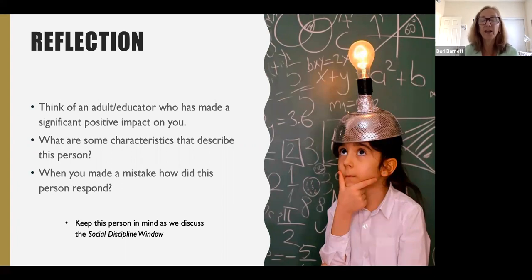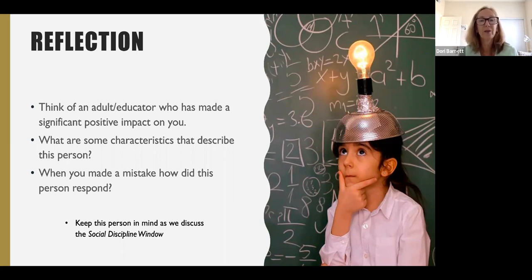So if you'll get that person in mind, you might want to visualize that person. I'm visualizing my person right now, and think about what were they like? What were some of the characteristics that really contributed to that positive impact?